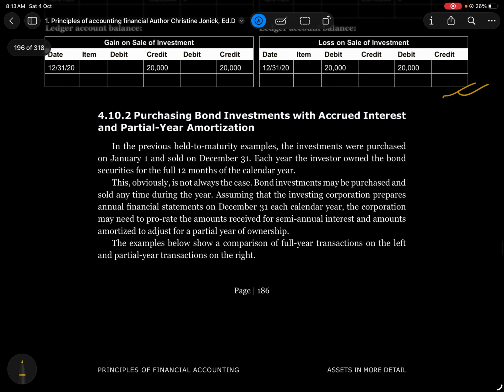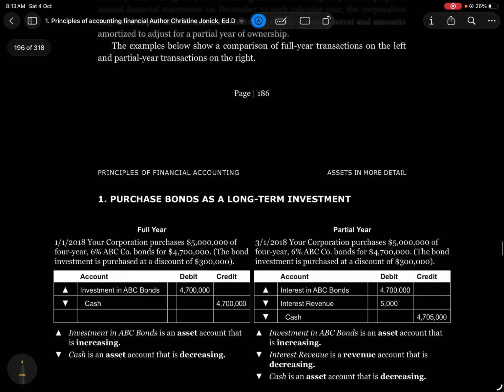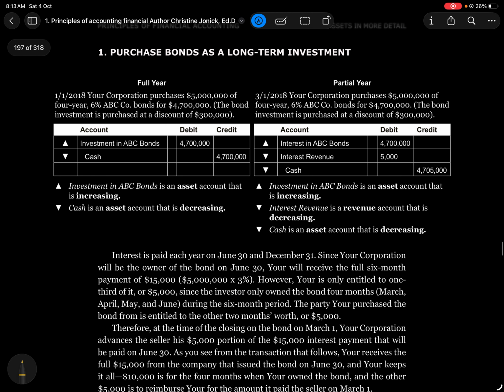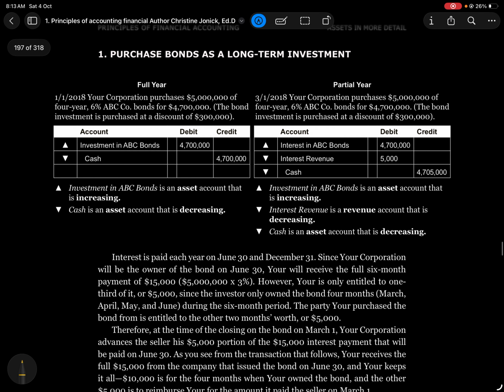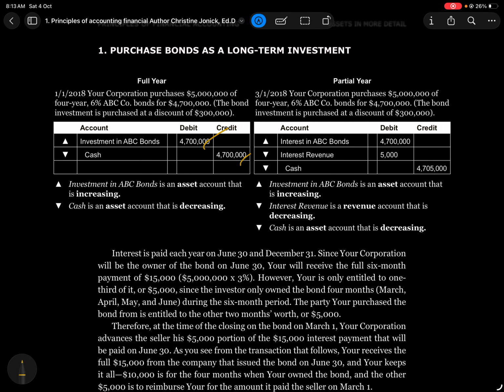Right. Next is regarding purchasing bonds with accrued interest and partial year amortization. So whenever we purchase a bond, of course, the initial entry is there. In a partial year, what happens is we receive some interest as well. All right. So interest revenue would be debited by 5,000.